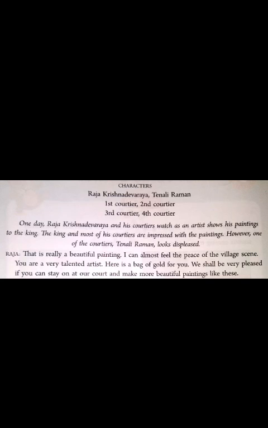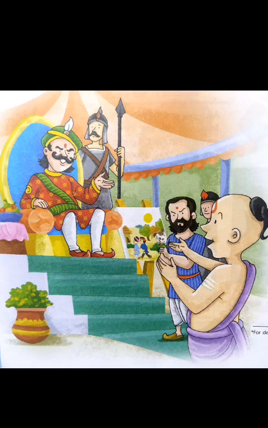So, this is the scene of the play, and now the play starts where the Raja appreciates the artist for making such a beautiful painting. The artist drew the village scene, and Raja was so impressed that he offered him a bag of gold and told him to stay at his court and make more beautiful paintings.